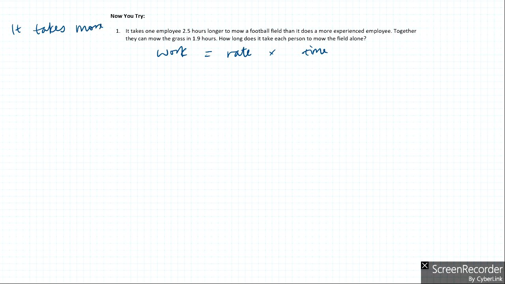It takes the more experienced employee, let's say H hours, to mow the field.